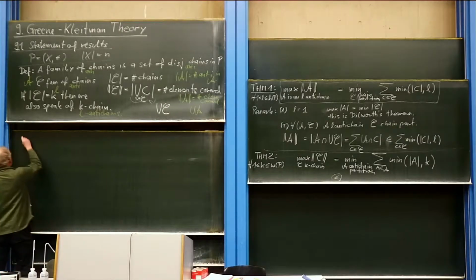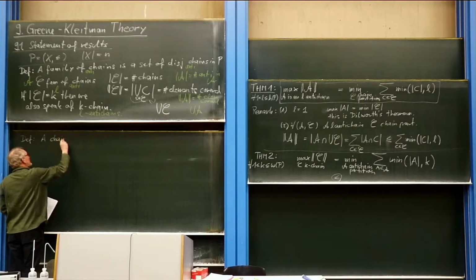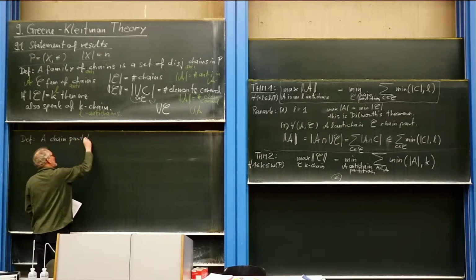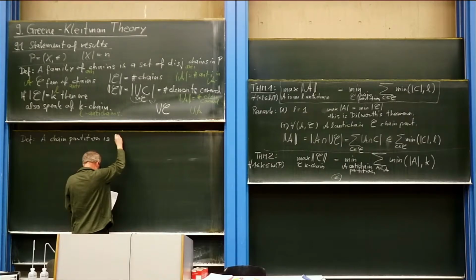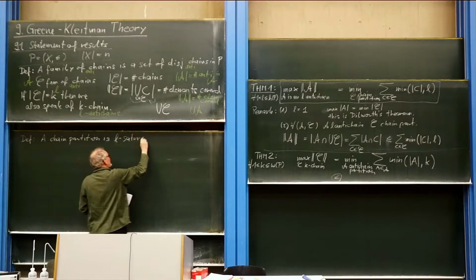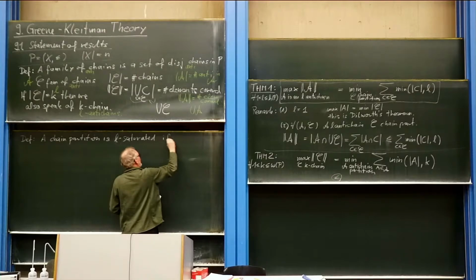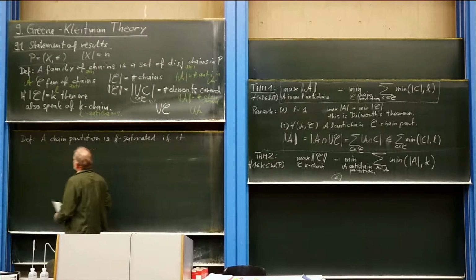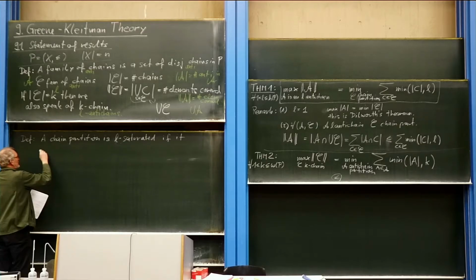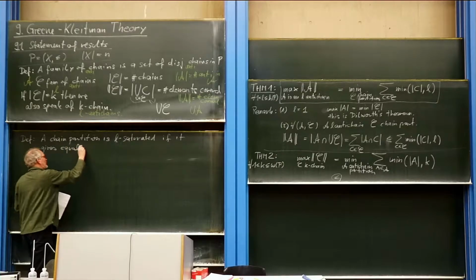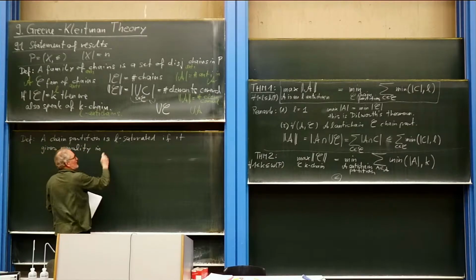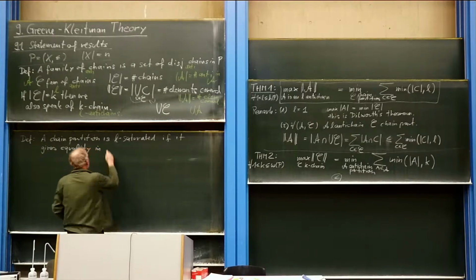So definition: a chain partition is L-saturated if it gives equality in theorem 1.